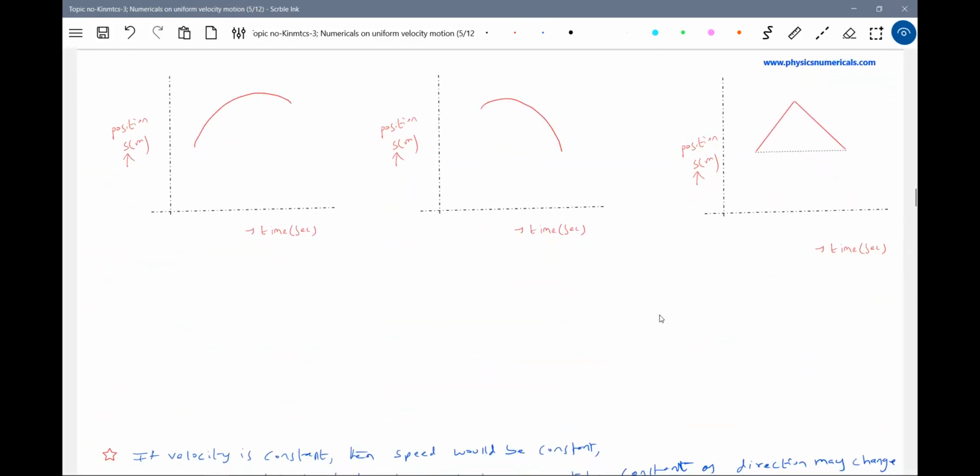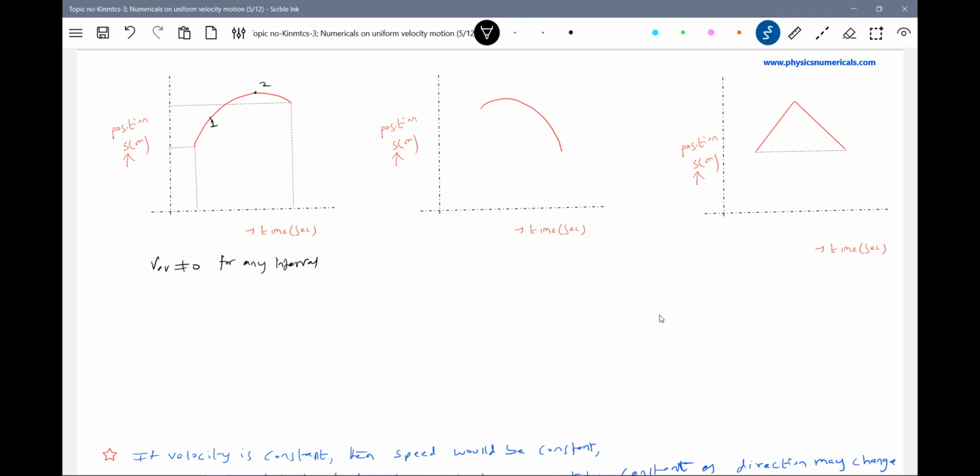We'll take the next condition. You can see the position clearly. So is it possible for average velocity to be 0? Not possible. Average velocity will be non-zero for any interval. Now, what about instant velocity? It can be 0 here, no?